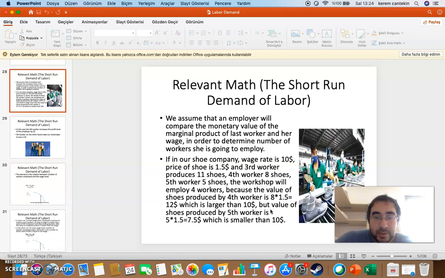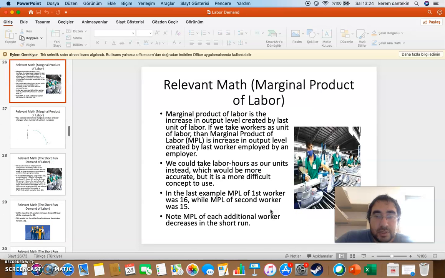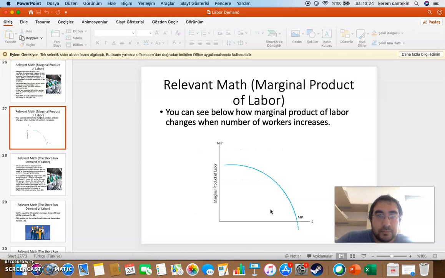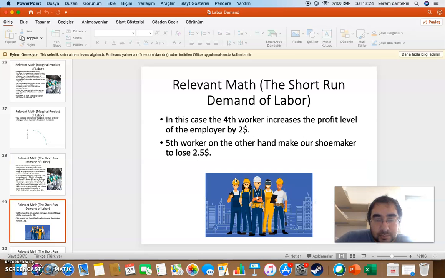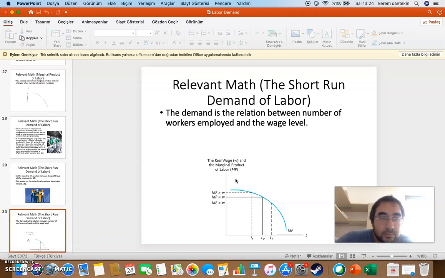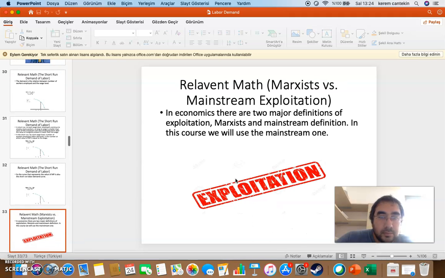So now I will introduce you to a concept which is exploitation.